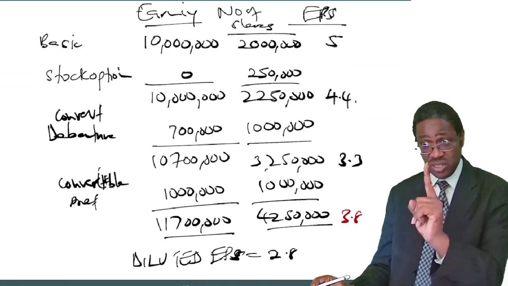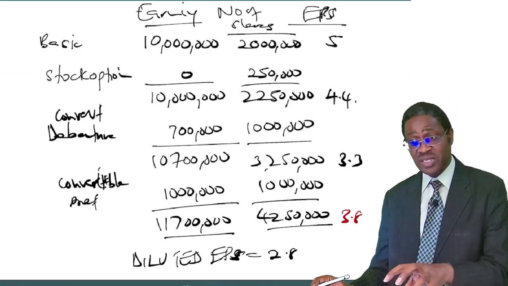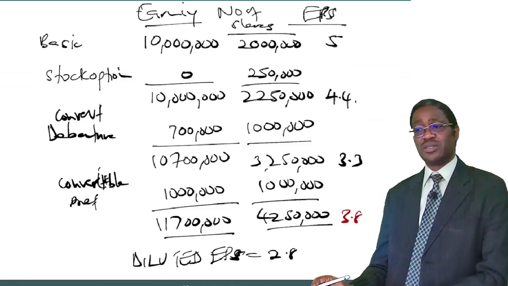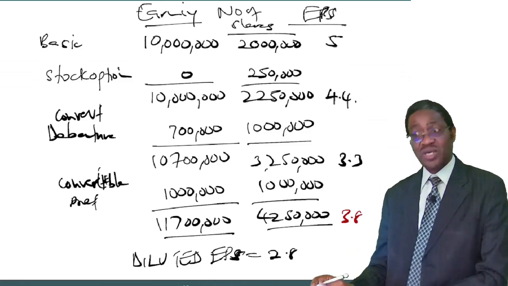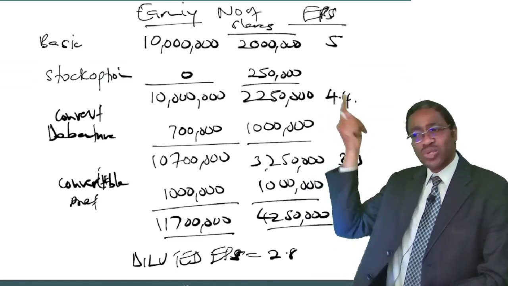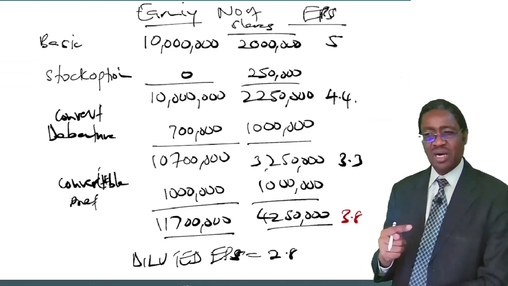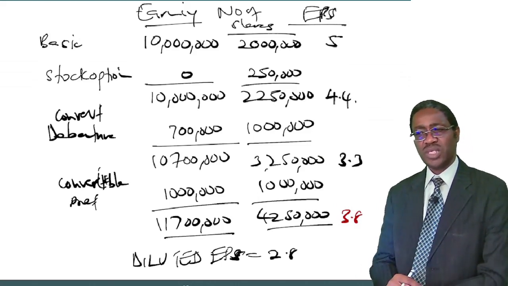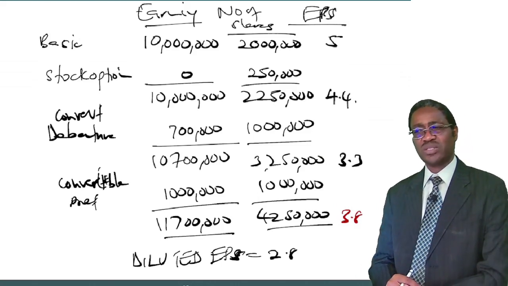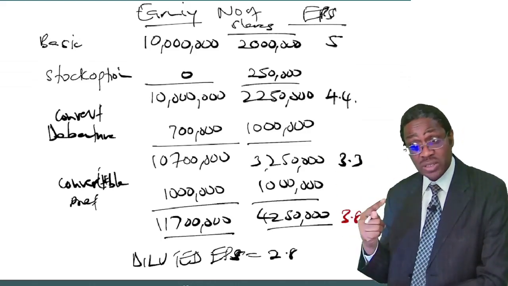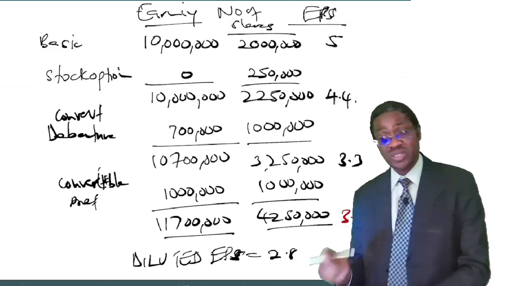I am assuming you took 11.7, divided by 42.50, and got 3.8. We have said you would still choose the lowest to become your diluted EPS, which in our case would be 3.3, the lowest. Good.